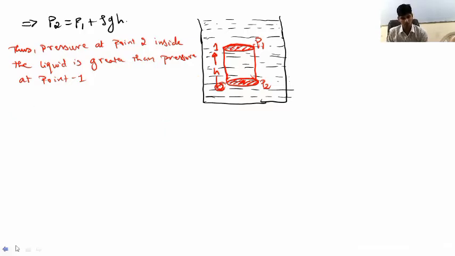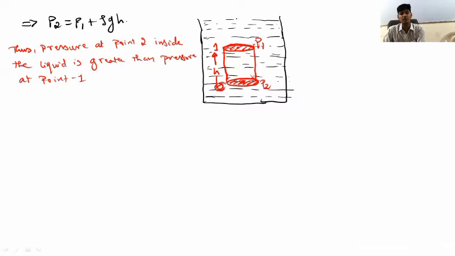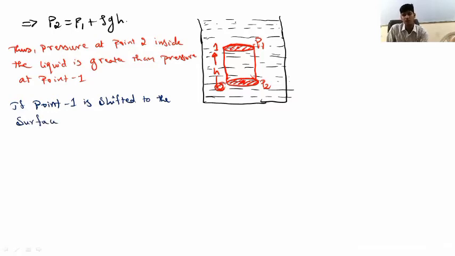Now, if we shift point 1 to the surface of the liquid, imagine the cylinder a little higher in such a way that point 1 is on the surface of the liquid.